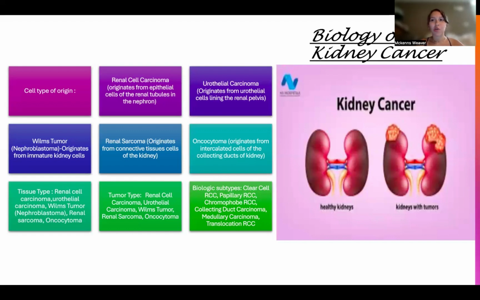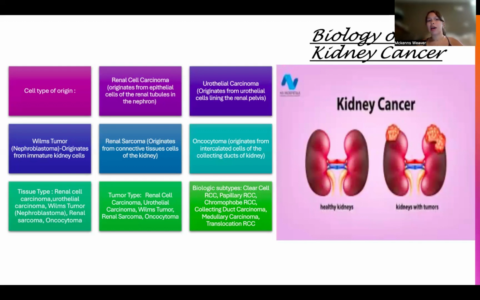These are, of course, big words, and a lot of these originate in the renal area, the nephrons, the tissues connecting certain cells, the collecting ducts of the kidneys. It's just a lot of parts of the kidneys and the parts that work for the kidneys. A lot of these correlate to the tissue types, the tumor types, and the subtypes.